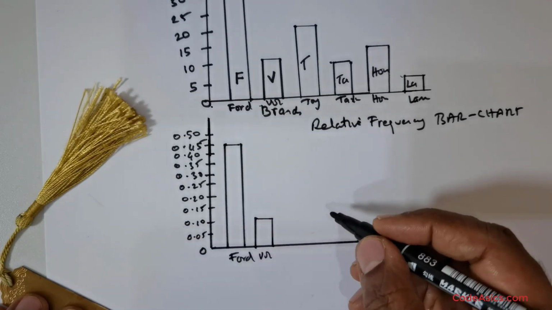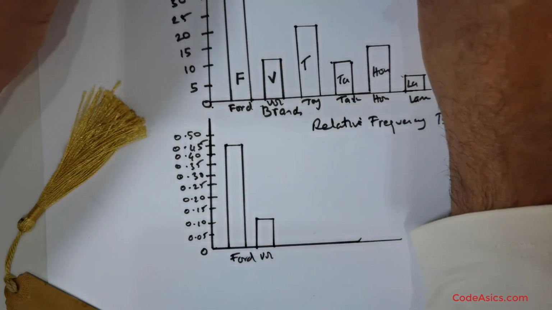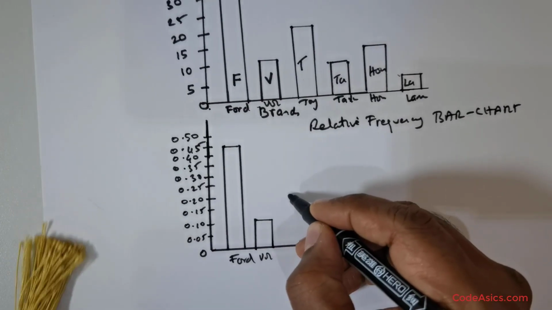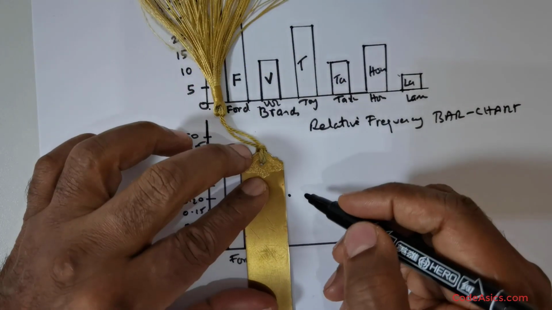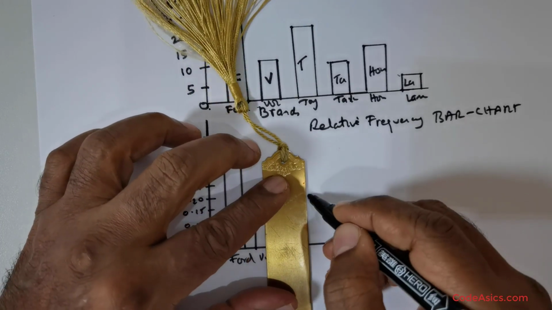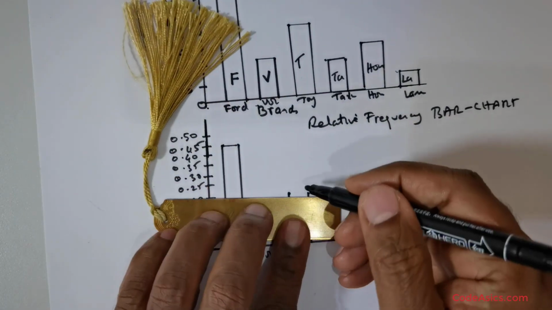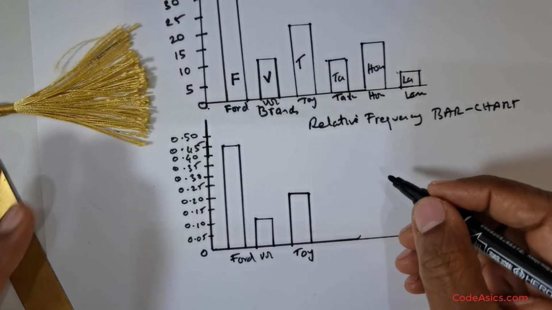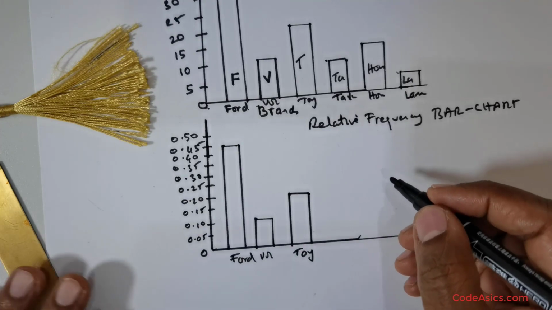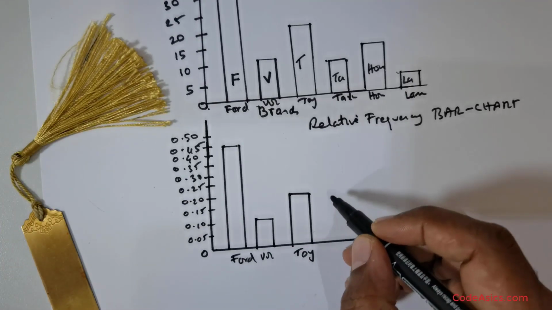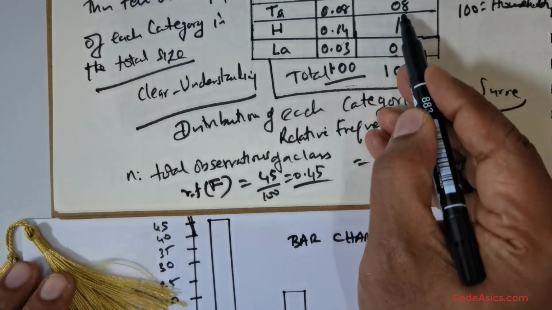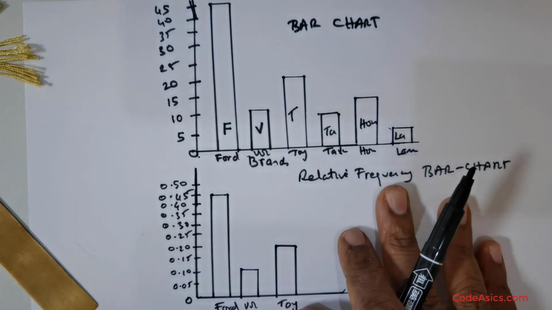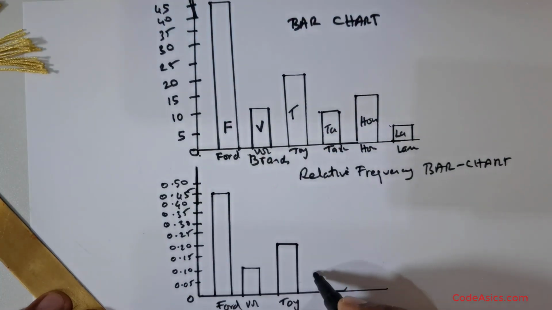Volkswagen, this is 0.10, and Toyota is 0.20. So that is going to be over here. 0.20 is Toyota. And this is Toyota. And you got the next one, tank is 0.08. You see that? 0.08. This is tank. So I'm going to go to 0.08 tank, which is over here.